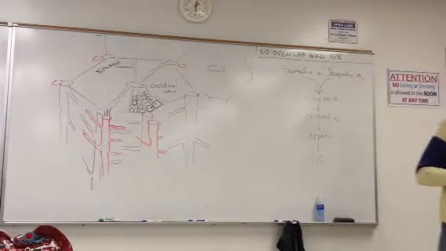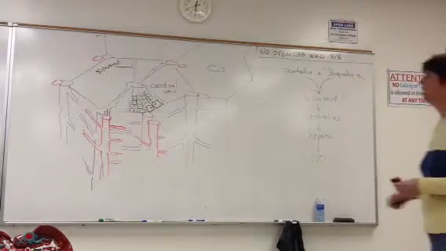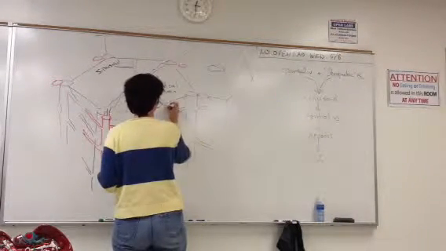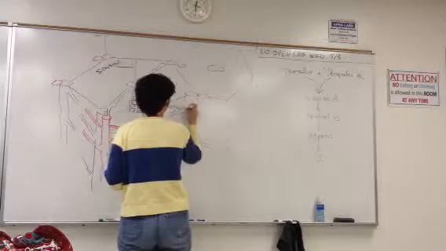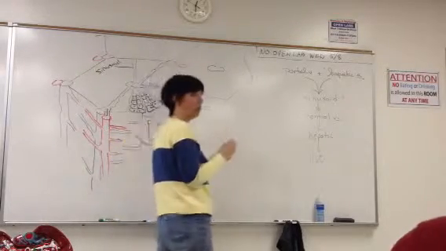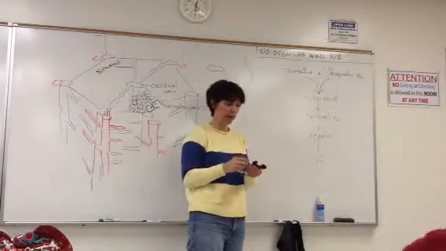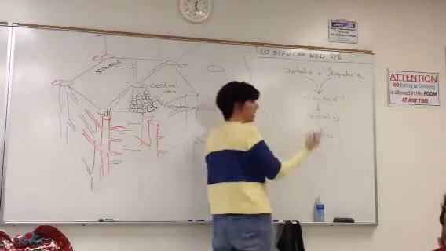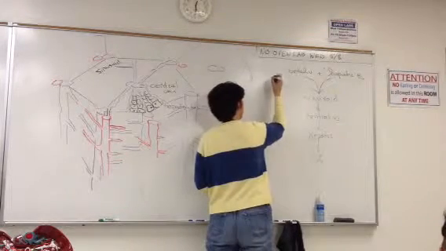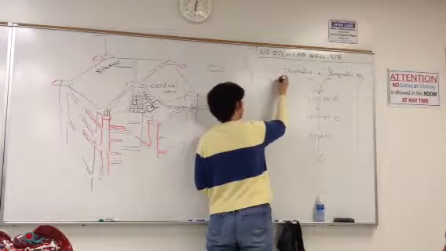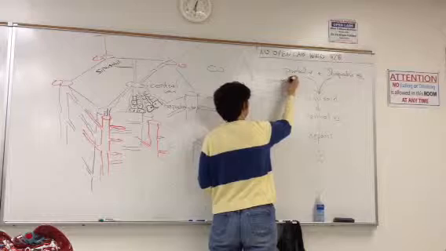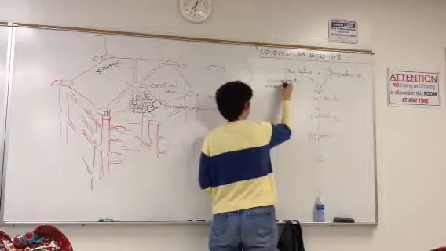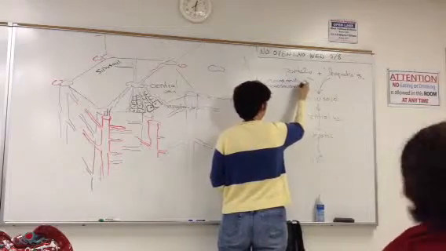So that's how we expose the hepatocytes and allow them to pick up the nutrients that they need. We'll cover this a little bit more on Thursday when we talk about absorption. But essentially, the portal vein, because it's coming from the small intestine, is going to be rich in amino acids and monosaccharides like glucose and fructose.